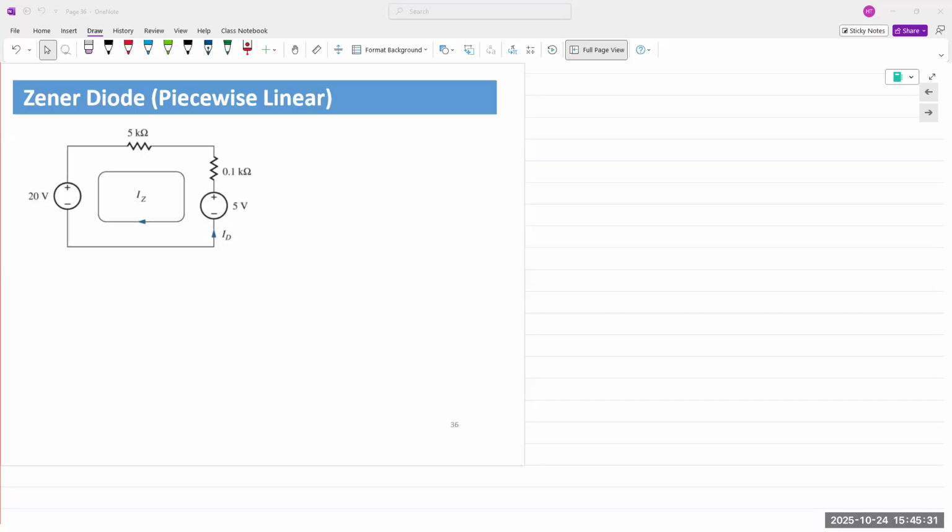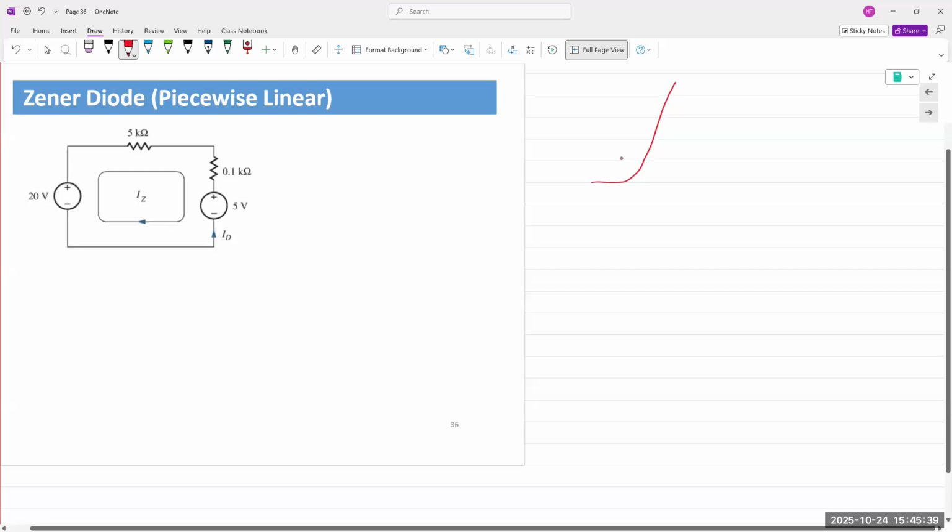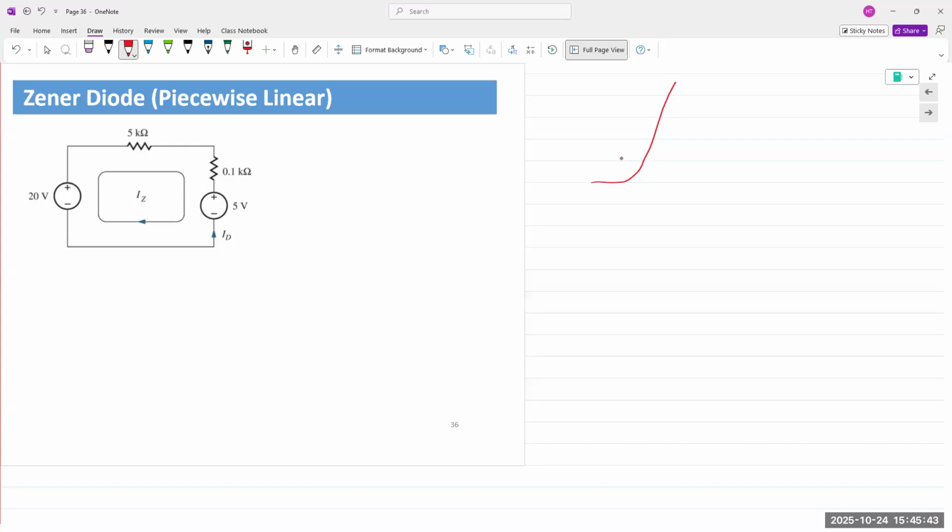Okay. So let's take the case of a diode in forward bias, for example. If we look at a diode characteristic, overall that characteristic is nonlinear, right? But if we choose 2 points, let's say somewhere here and here, very close by, then we can treat this portion as linear.